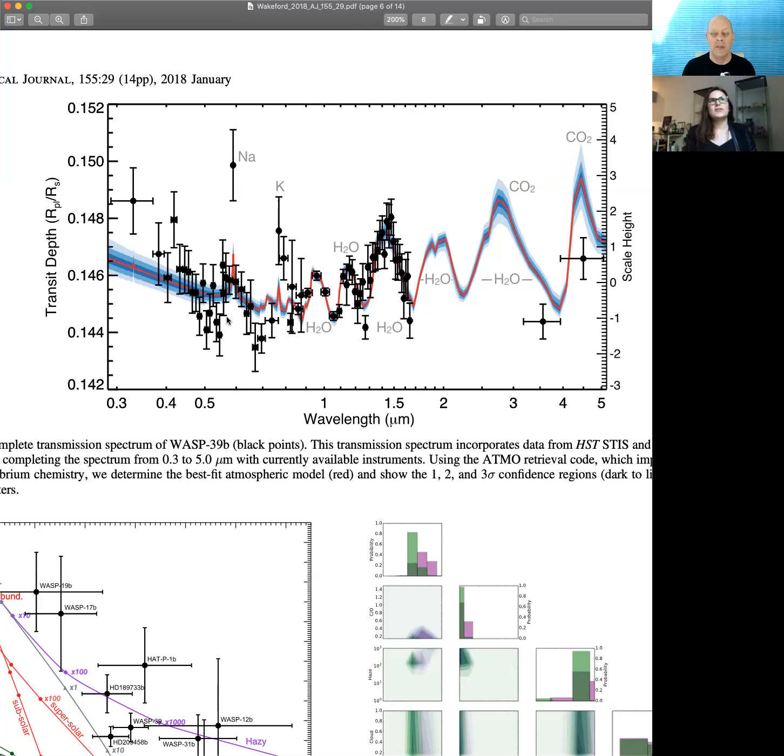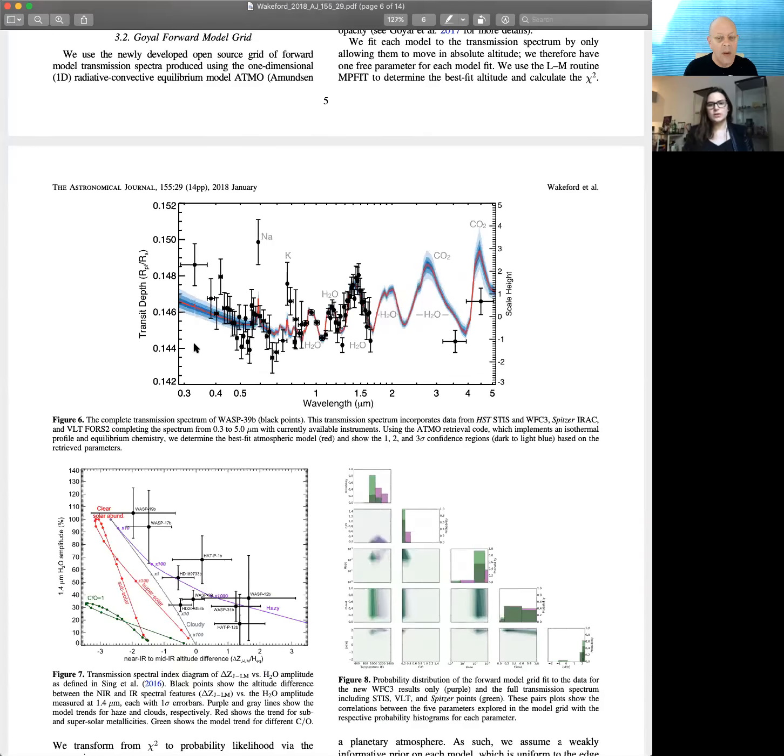And that's really surprising because, like I said, it's a Saturn mass planet. Now, Saturn in our solar system only has about 10 times the amount of water as the sun, so 10 times solar. Right. And Jupiter's 4 times solar. So this is a lot higher. And if you go to one of the figures a bit later, you'll be able to see that in context.